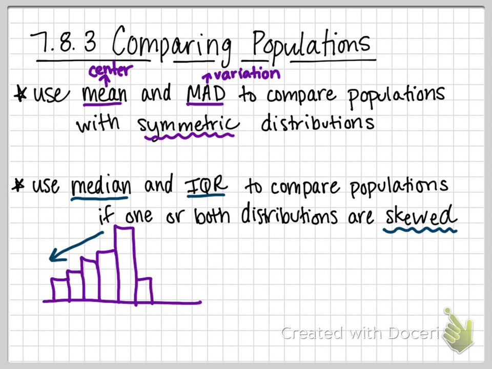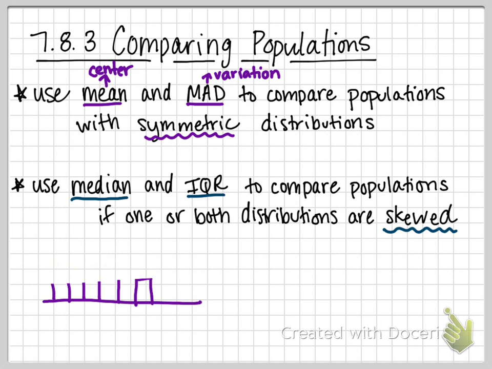As long as at least one of the populations is skewed, we don't use the mean and the MAD to compare them. Instead, if one of the distributions is skewed, or if they're both skewed, we use the median and the interquartile range, or IQR, to compare the data.